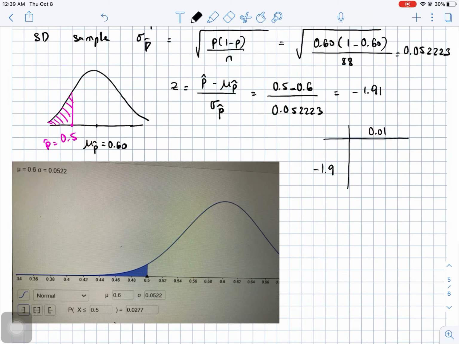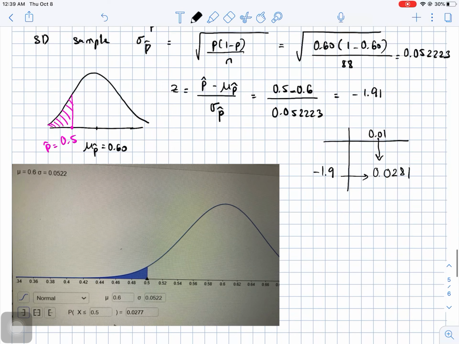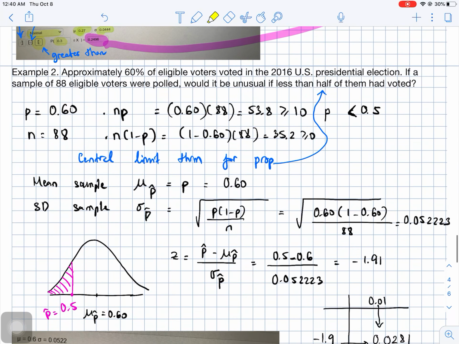You will look at the z negative, and you will use a negative 1.9 and 0.01. Once again, the reason why we have to take z to two places is because in the z table, we only have two places for the z. We map this together, and we get the answer is 0.0281. That is our final answer.